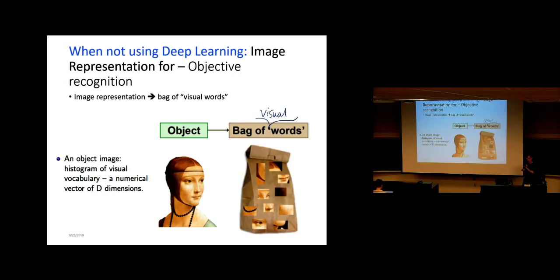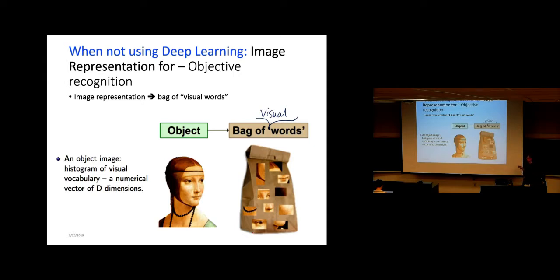People tried to learn the important substructures of images, and then convert each image into a histogram of the zero words that you learned maybe from some unlabeled data or a huge amount of data.